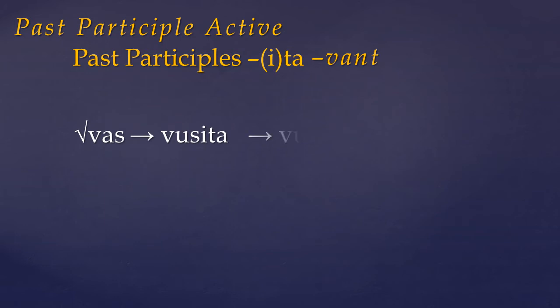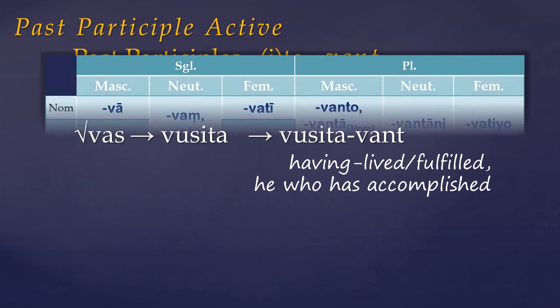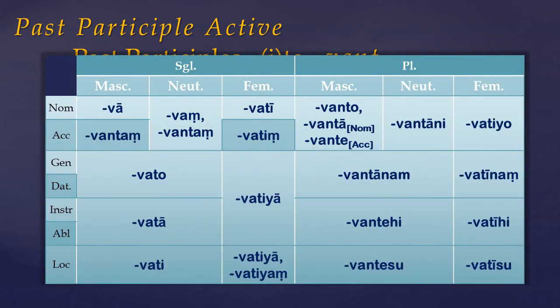Thus from vas we have the participle vosita, which with the possessive suffix becomes vositavant, which means having lived or having fulfilled, he who has accomplished. This then declines like an adjective, as we saw back in lesson 20.